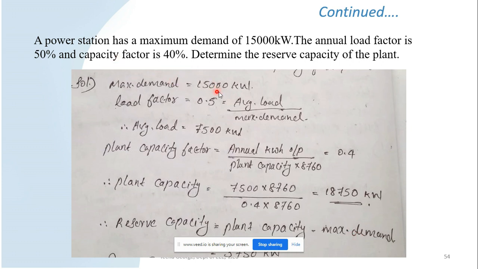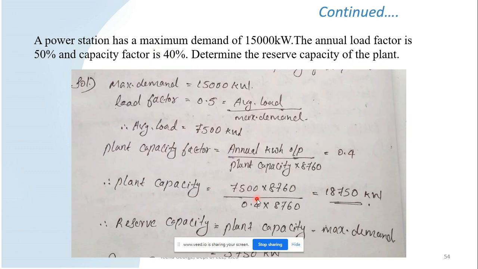Maximum demand is already given and load factor is 0.5, so we can find the average load. Average load equals maximum demand into load factor, that is 7,500 kilowatt. Plant capacity factor is annual kilowatt hour output divided by plant capacity into 8760, which is given as 0.4.